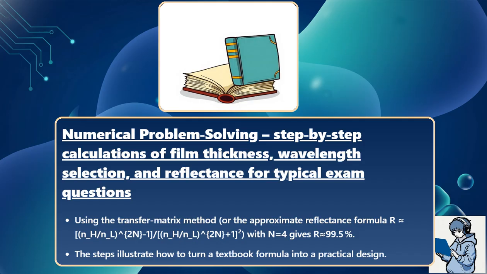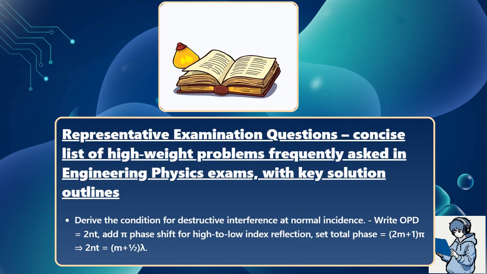These steps illustrate how to turn a textbook formula into a practical design. Derive the condition for destructive interference at normal incidence. Write optical path difference equals 2nt, add pi phase shift for high to low index reflection, set total phase equals (2m plus 1) pi. Therefore 2nt equals (m plus 1/2) lambda.